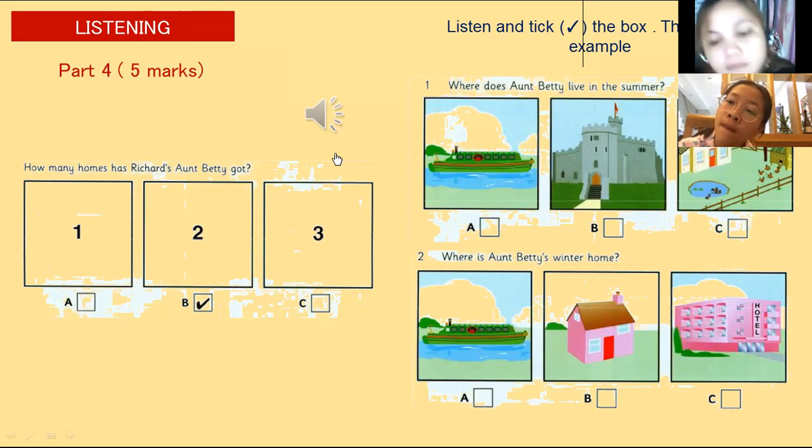Yes, she likes visiting old castles and places near the river. 2. Where is Aunt Betty's winter home? Does she live on the river in the winter? No, she's got a little house in our village for the winter. It's opposite the hotel. Oh, yes. Is it that little pink house? Yes, that's right. That's her house.